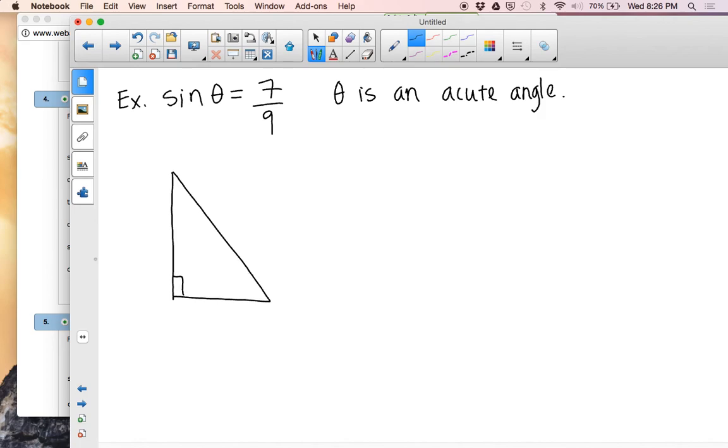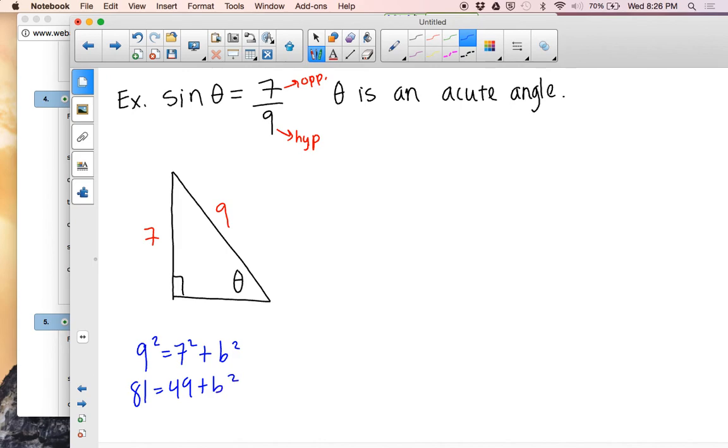Doesn't matter where you put theta. I'm going to put theta on the bottom this time. Now if I know sine theta is 7 over 9, this is my opposite side, and this is my hypotenuse. So opposite from here is 7, the hypotenuse is 9. Again, to find the third side, you need Pythagorean's theorem. So 9 squared equals 7 squared plus b squared. So we get 81 equals 49 plus b squared.